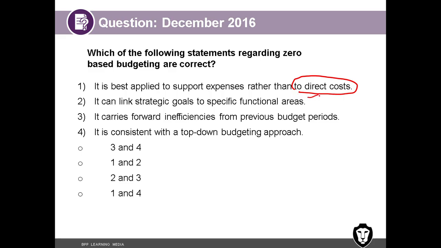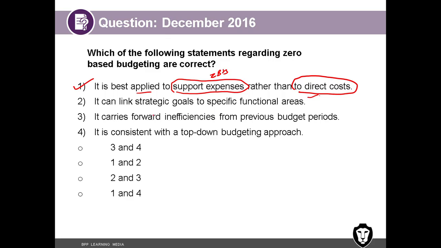Even incremental budgeting would be okay. Support expenses like marketing expenses, IT expenses, these are discretionary expenses. That means managers decide how much, when, where. So this is where the justification becomes more important. Zero-based budgeting is more important here. It is best applied to support expenses. Correct.